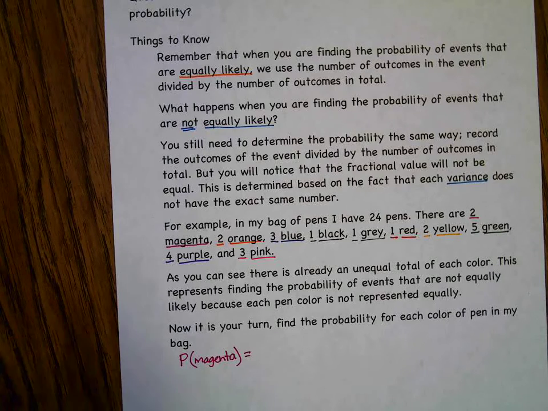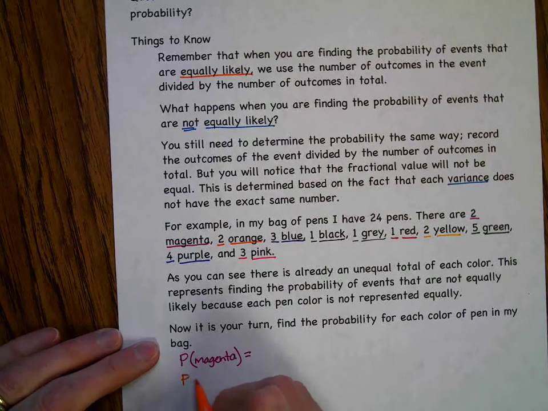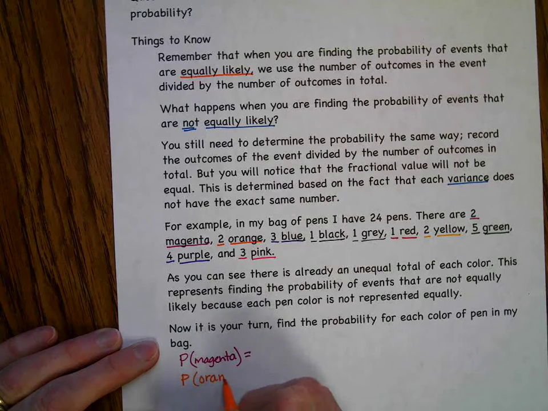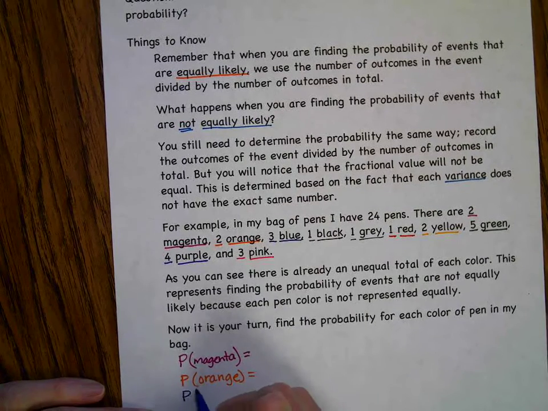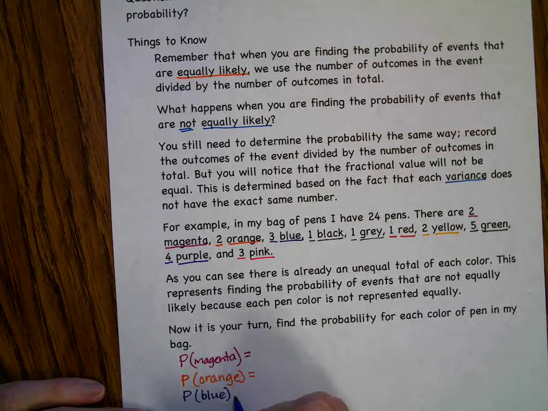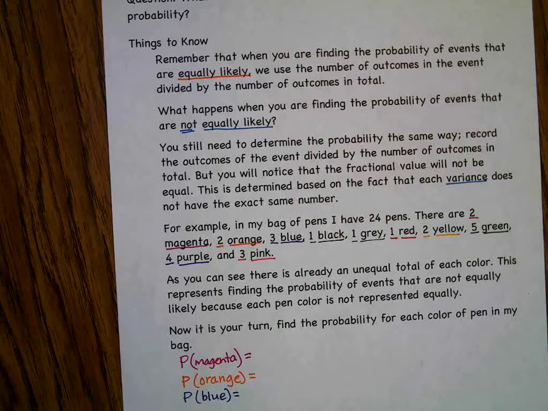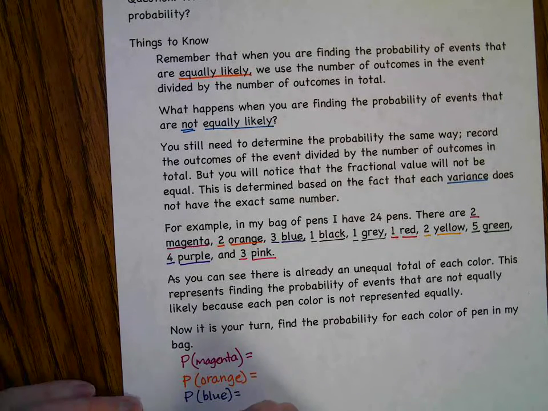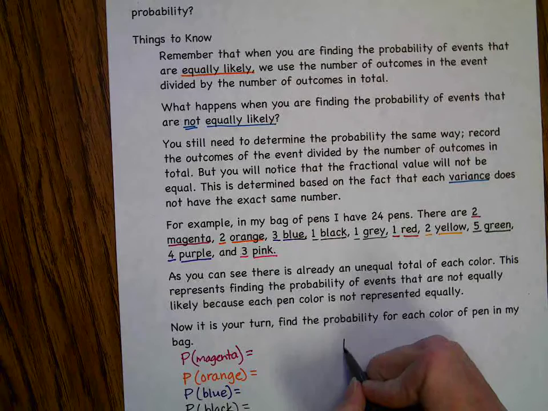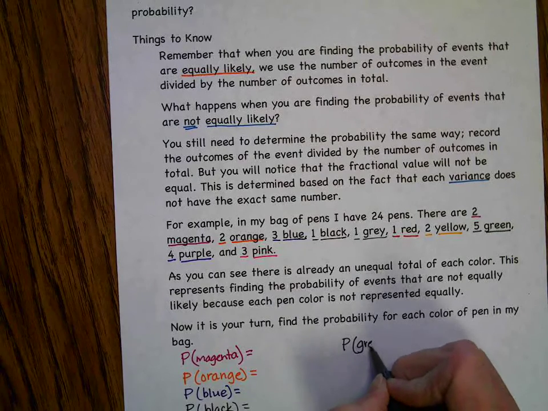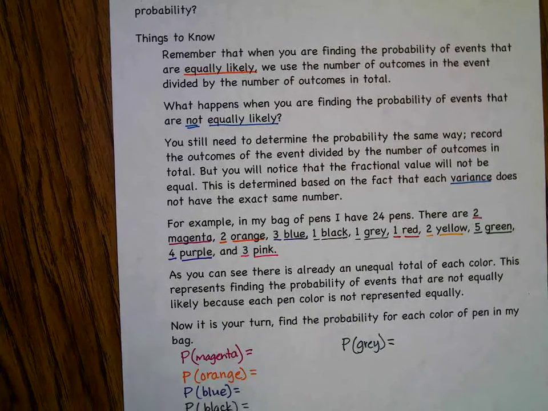I am going to find the probability of orange. Okay, I am going to find the probability of my blue. Okay, I am going to find the probability of black. Okay, I am going to find the probability of gray.